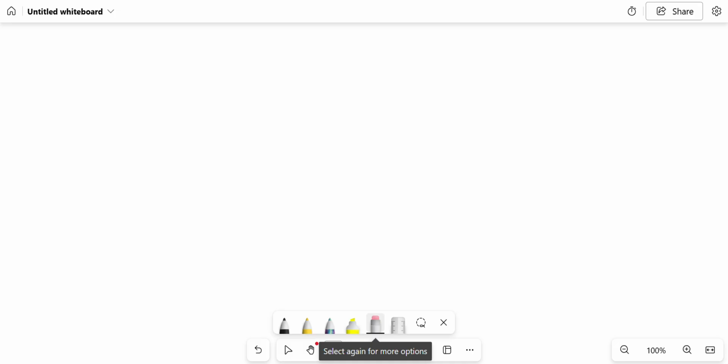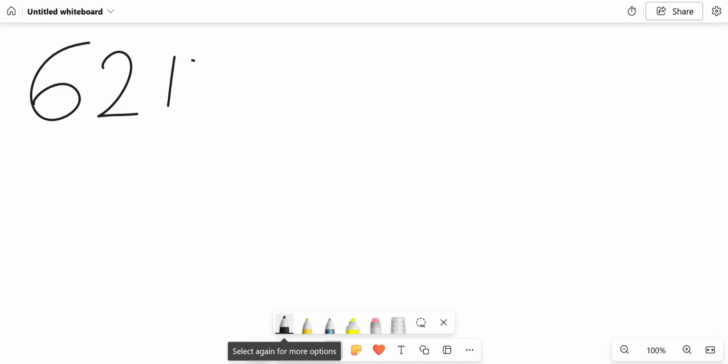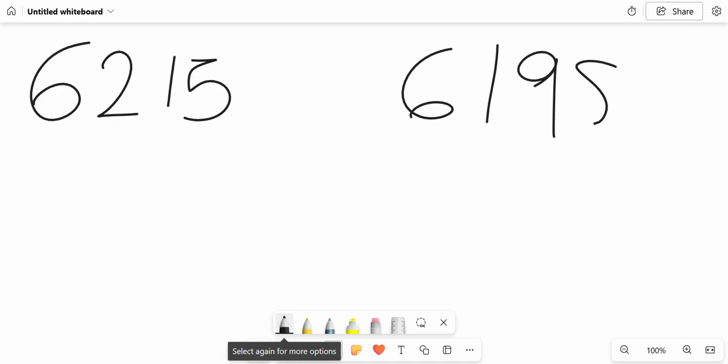If we want to compare large numbers, for example, 6,215 and 6,198, you might not easily be able to tell which one is bigger. The first thing you do is compare the thousands.